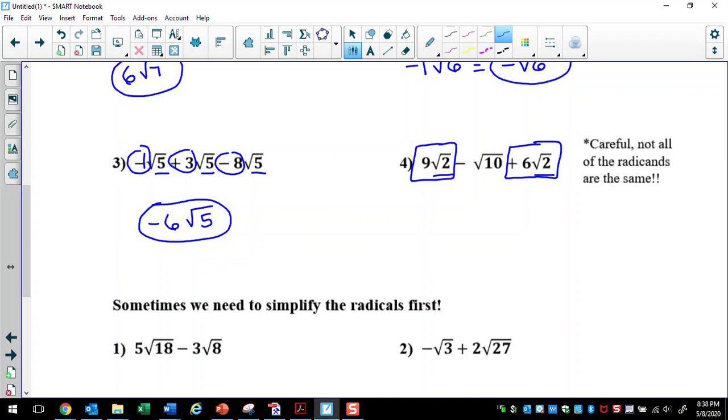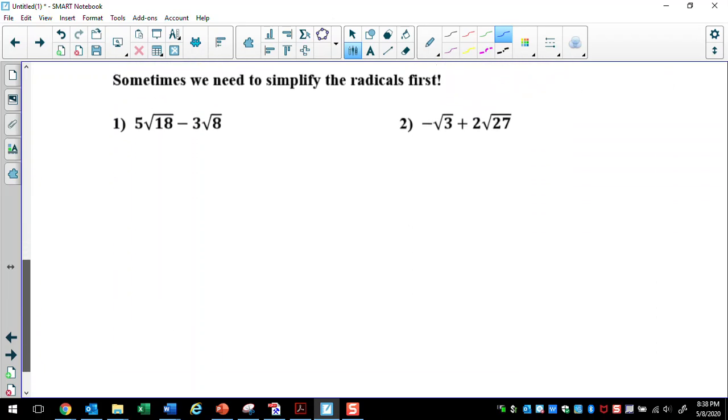So 9 plus 6 is going to give me 15 radical 2. But what about that minus 10? I'm just going to carry it down. Minus radical 10. And then I'm done. Well, that wasn't so bad. Alright, let's take it up a notch.